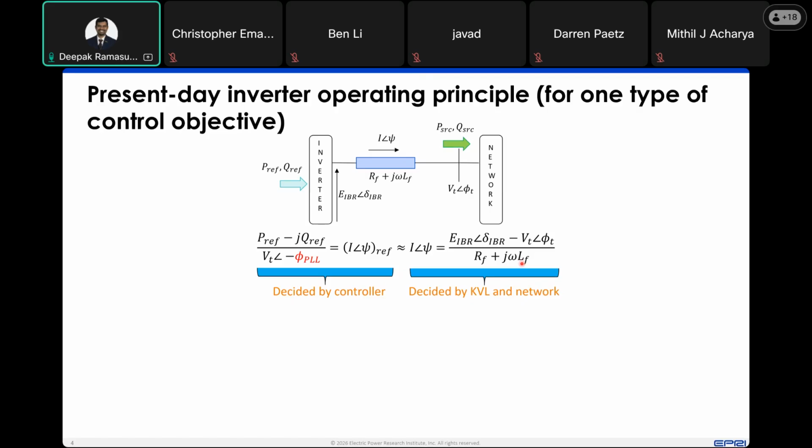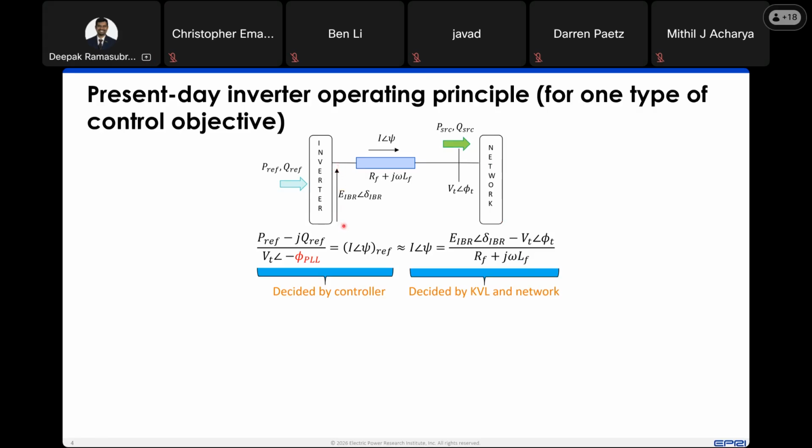So every inverter that we have on the network today, its response from the network side perspective is governed by Kirchhoff's voltage law. What that means is that the inverter is a voltage source. Every inverter on the system is a voltage source.